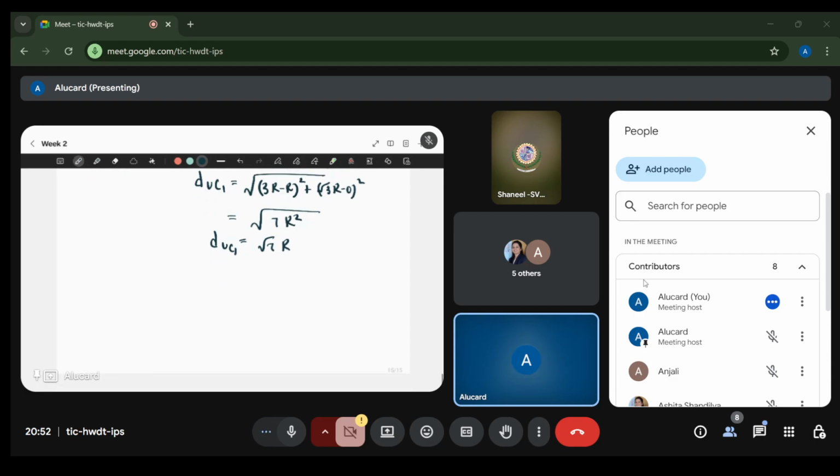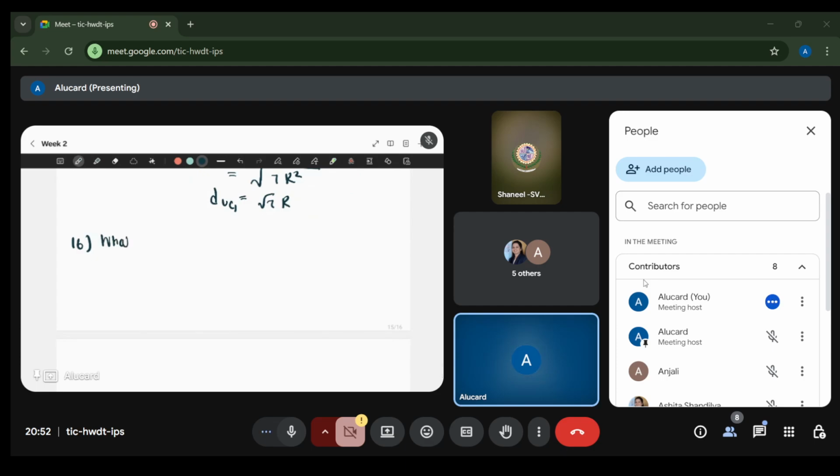Then you have to calculate what is the worst case SIR for the user due to only tier 1 interferers.